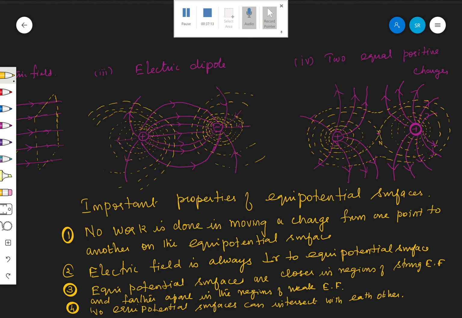Are you following? So no equipotential surfaces can intersect each other. This is very, very important. These are all the very important properties of the equipotential surface. Okay, that's it.